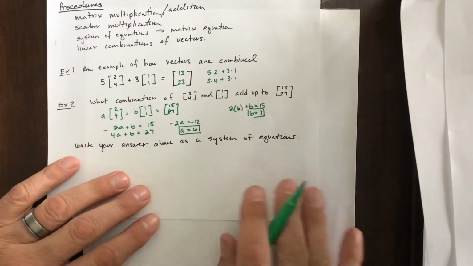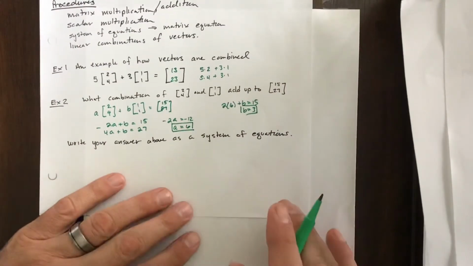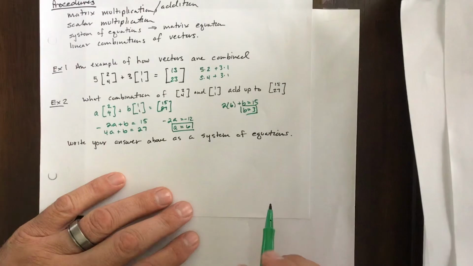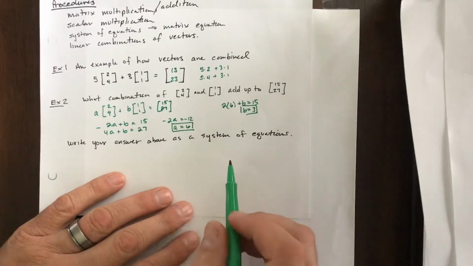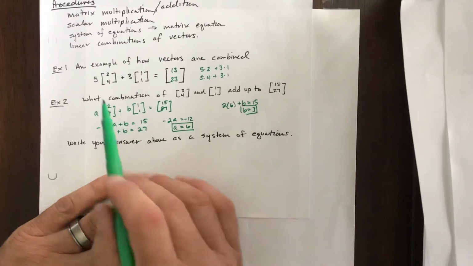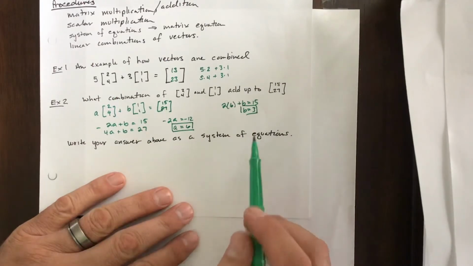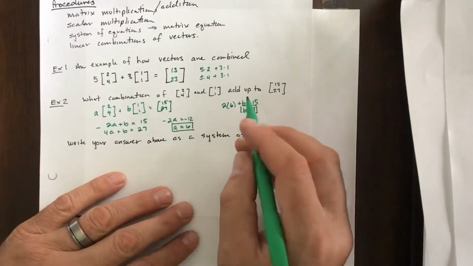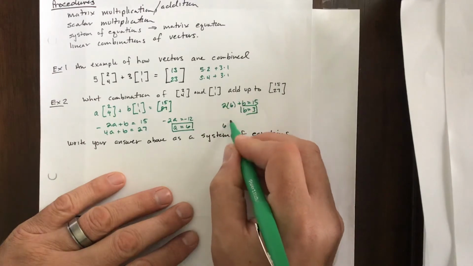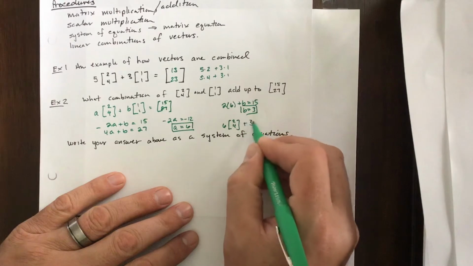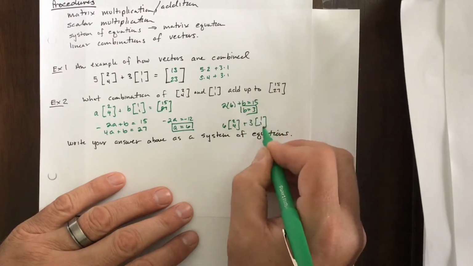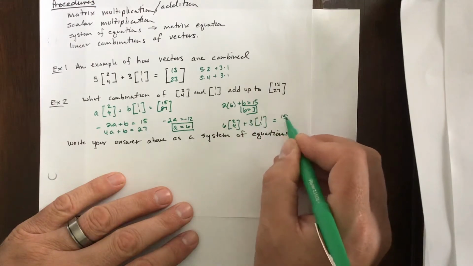And the combination of 2, 4, and 1, 1 that combines to 15, 27 is going to have a coefficient of 6 on the vector 2, 4 and 3 on the vector 1, 1. So it'll look something like this. 6 times 2, 4 plus 3 times 1, 1 is equal to 15, 27.